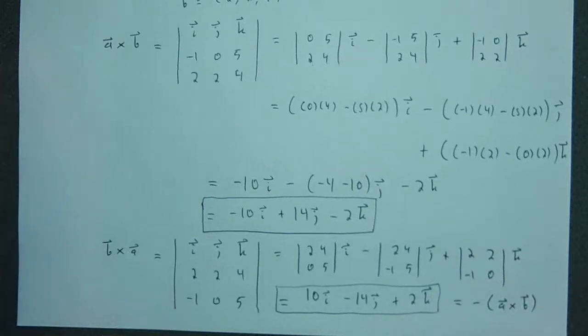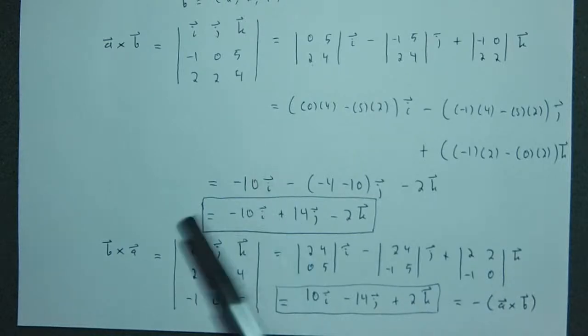And that's always true. I'm not going to prove that it's always true, but you can do that by taking two completely generic vectors A and B, A1, A2, A3, B1, B2, B3. Compute A cross B and B cross A. You can just see that it's always the case.